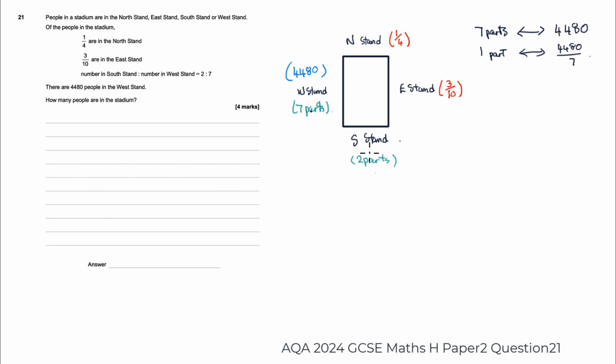But there's 2 parts in the south stand. So how would we get 2 parts knowing the size of 1 part? Well, we'll just double it. So whatever number this is, we'll double it.